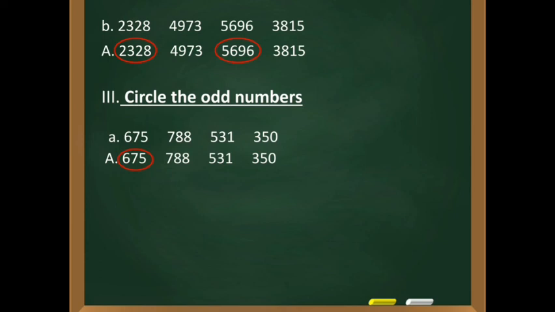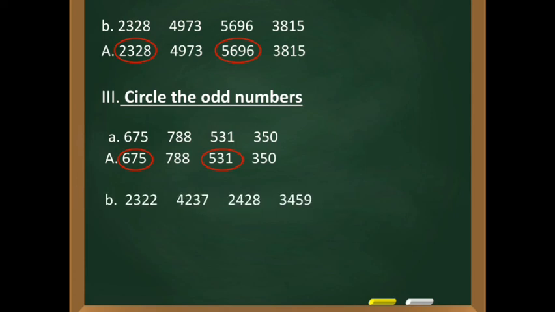Then 788, it is not an odd number but an even number, but we should not circle the even numbers, we have to circle the odd numbers. And 531, it is an odd number, so circle it. Then 350, it is an even number because it is having 0 in ones place.